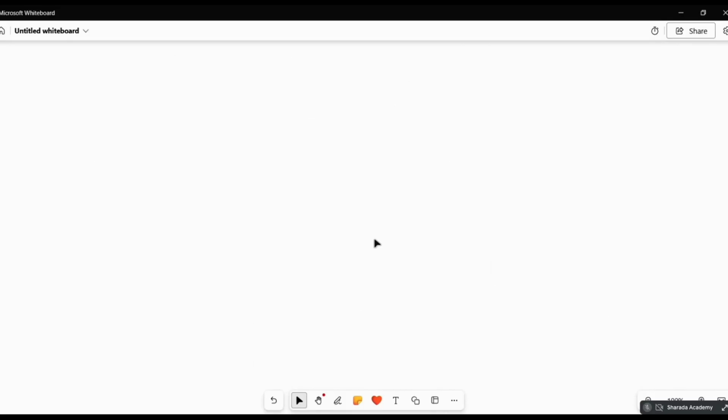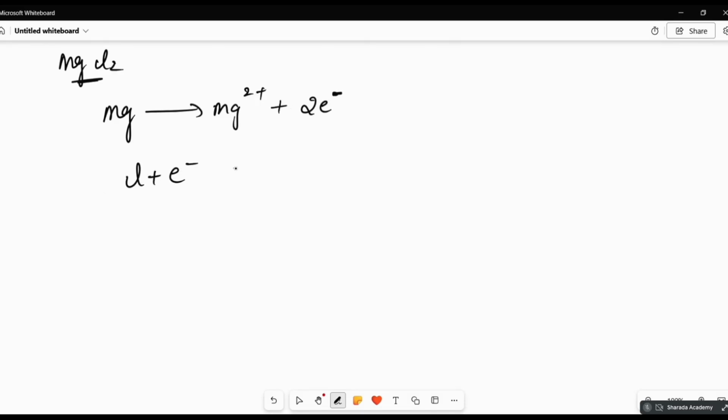How is magnesium chloride formed? Magnesium first gives out 2 electrons. Chlorine will take 1, right? So magnesium has 2 outermost electrons, and 2 chlorines are there. Write down.